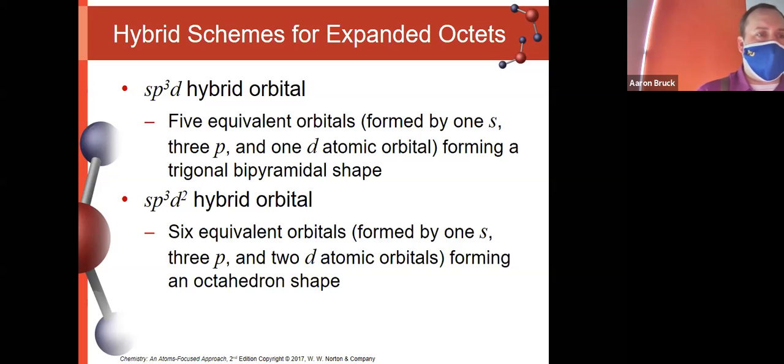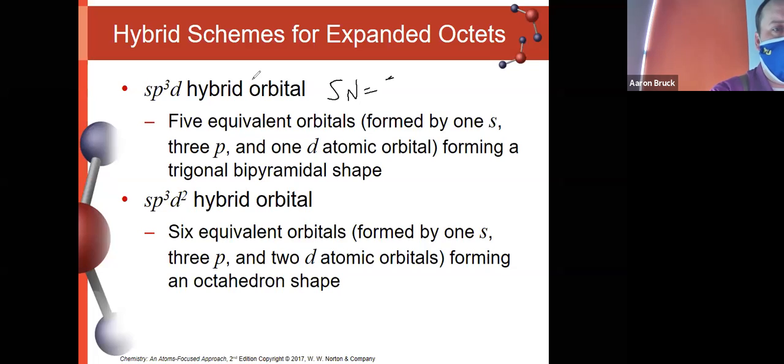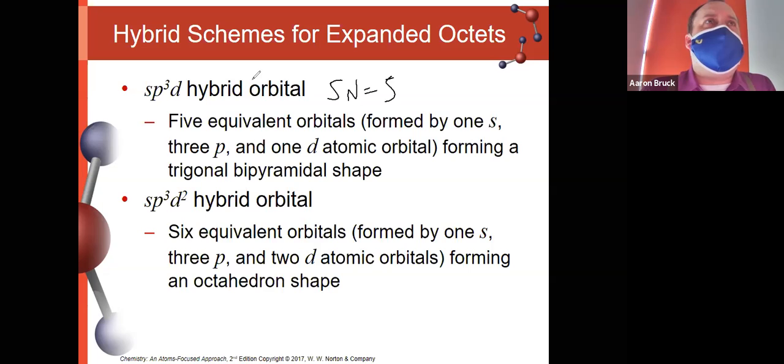So for steric number 5, the hybridization set that we are going to discuss is the sp3d hybridization. I've already pulled the s. I've already pulled 3 of the p's. That gives me 4 orbitals. To give me that 5th orbital to make the trigonal bipyramidal shape, I have to pull 1 from that d sublevel in that same energy level.